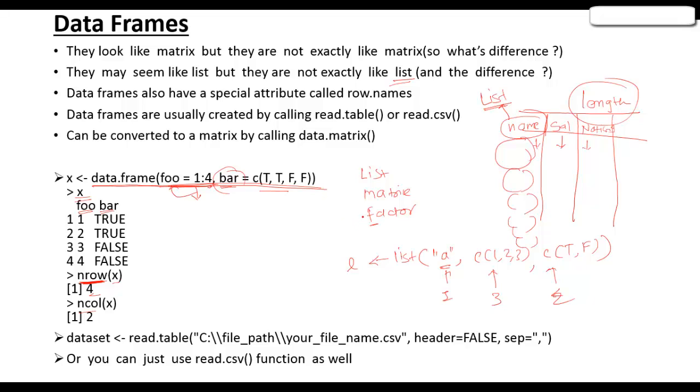F starts from F. So list, matrix, factor, and now the data frame also comes into the picture. So data frame is also a returnable type when we are using the class method.